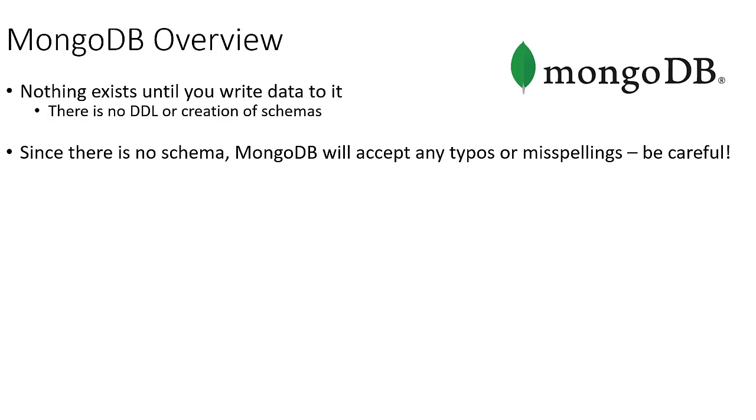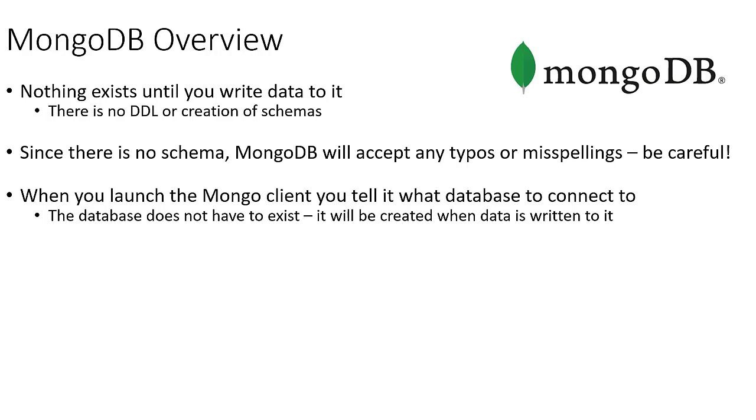It is very infrequent that we would get an error from MongoDB where it tells us that an attribute doesn't exist or a collection doesn't exist or anything like that. MongoDB, for the most part, is either going to fail silently or it's going to assume that you want to write something into a new collection or a new database and just do that. So the takeaway here is just be aware of what's going on and be careful and make sure you're very precise with exactly what you are typing in.